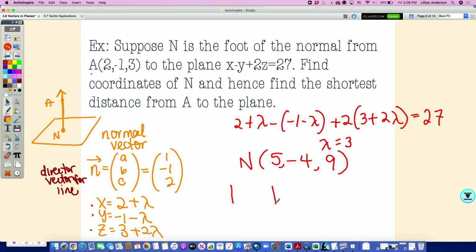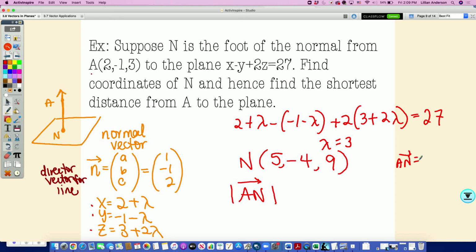It's the same thing. Because to find the distance between 2 points, because n is actually on the plane, we can either do the old school distance formula with 3 coordinates, or you can find vector A n and then just do the magnitude of that, which essentially is the same thing.